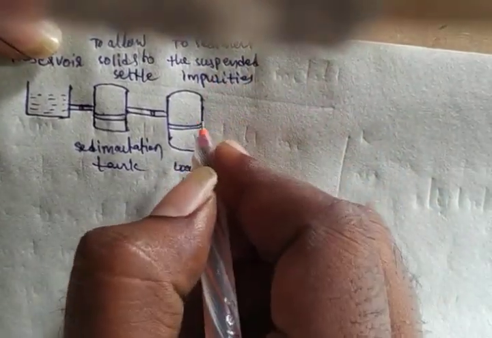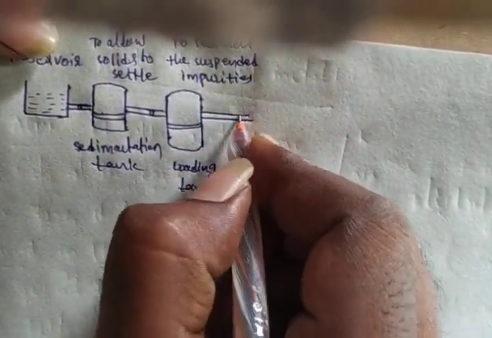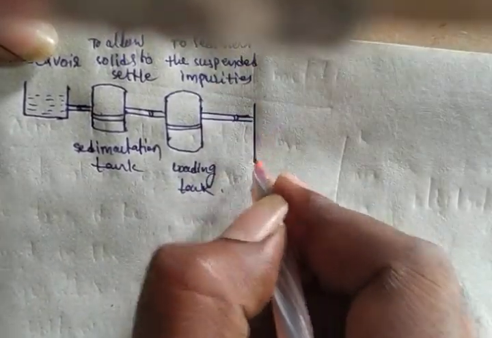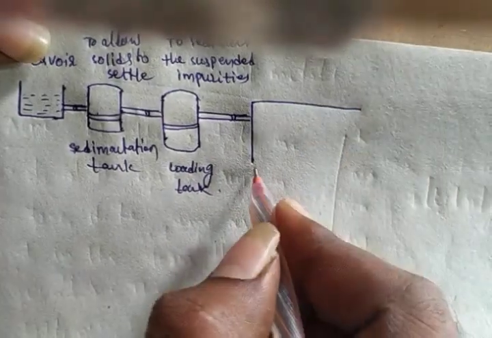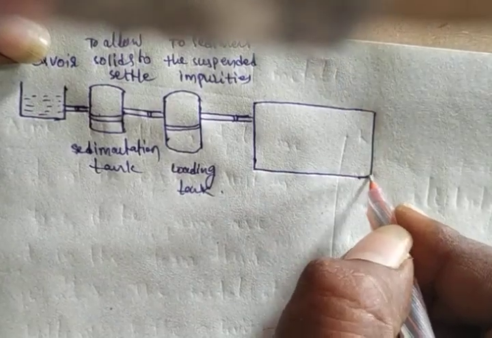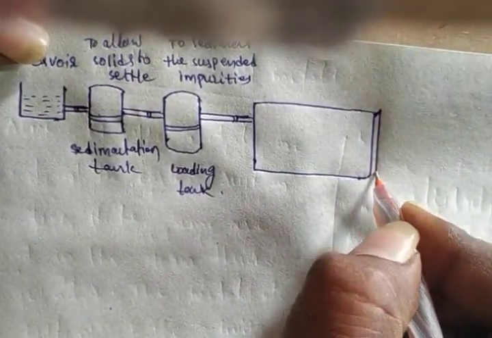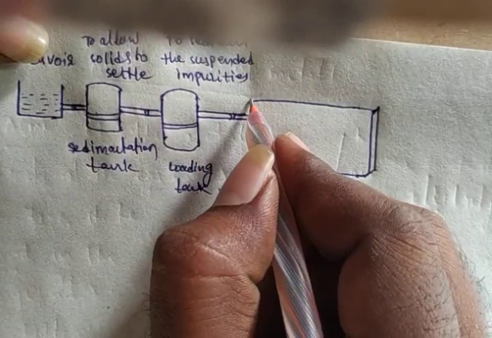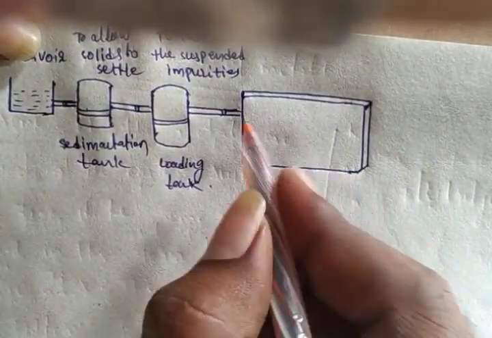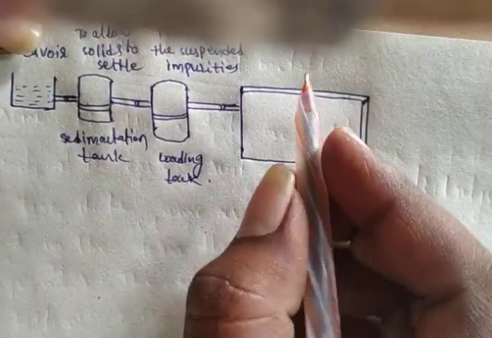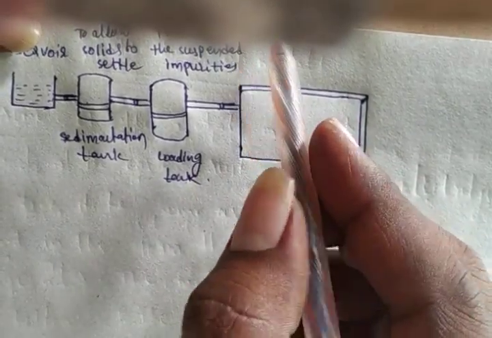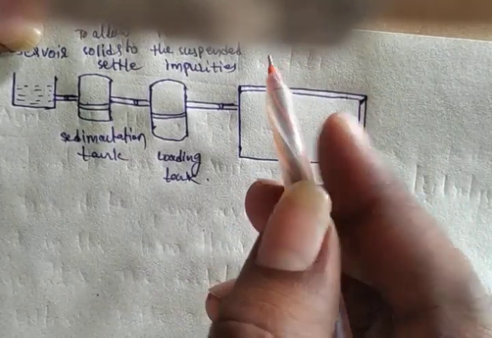This is a filtration tank. In the filtration tank we have the water, fine sand, gravel and coarse gravel.